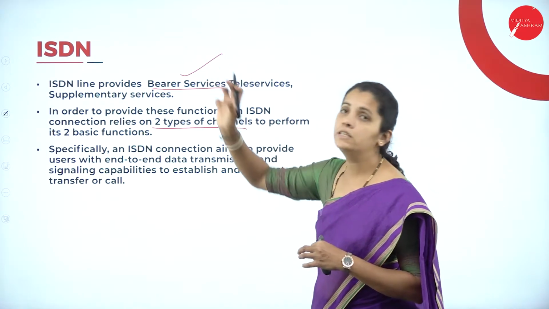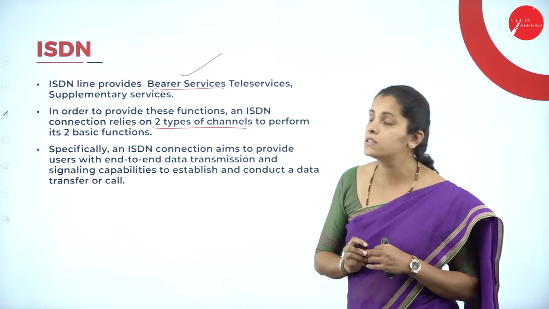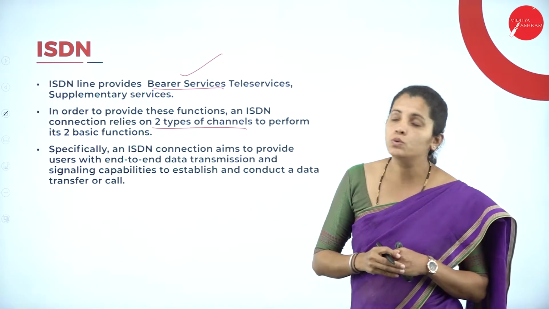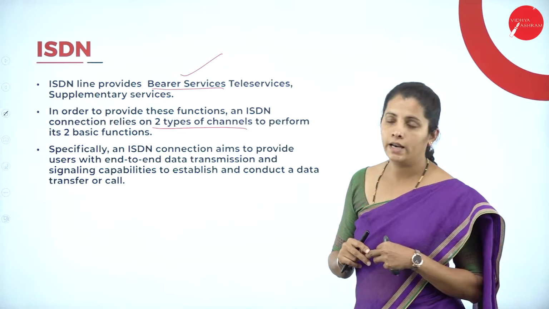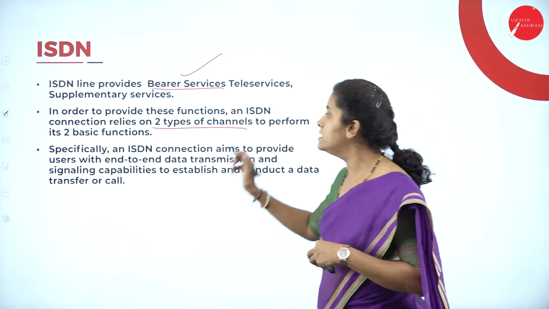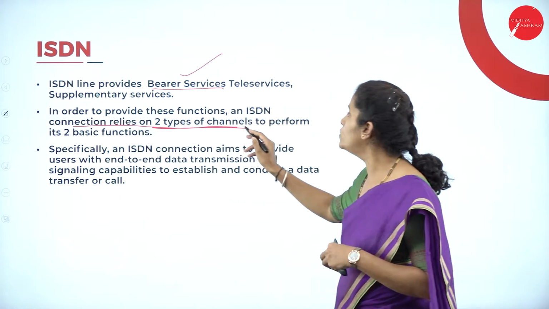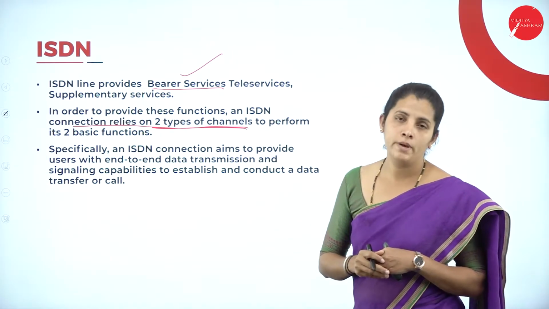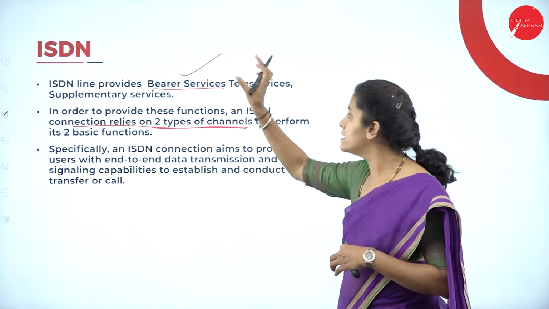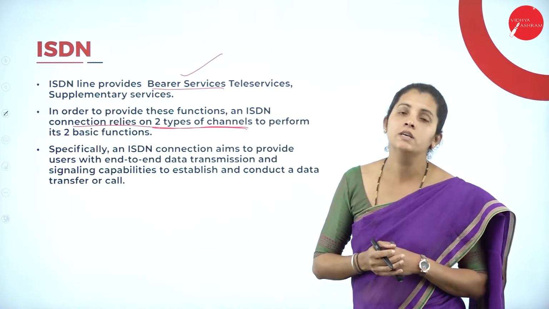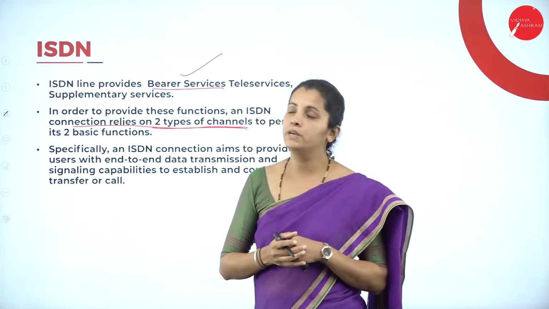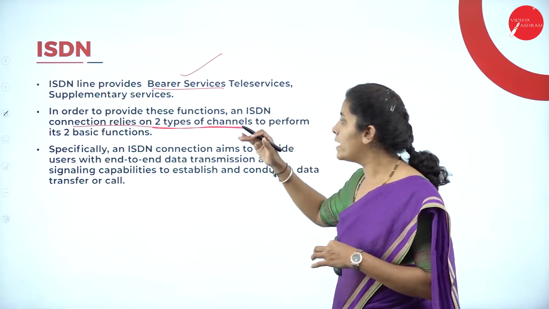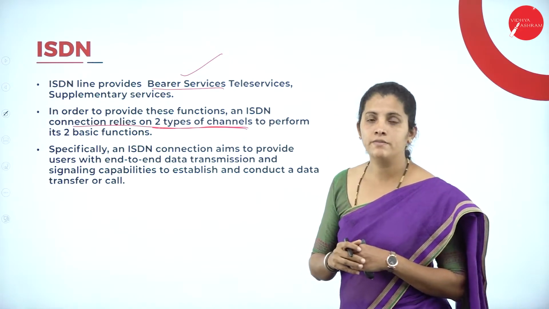If ISDN wants to provide these three services to the user, it is going to use two types of channels. That is, the ISDN connection relies on two types of channels to perform its two basic functions. So ISDN is mainly going to use the D channel as well as the B channel to provide the services and perform the basic functions.